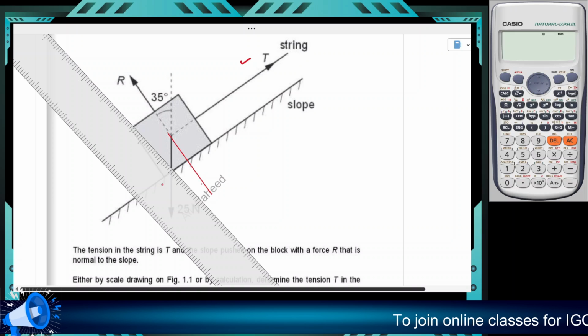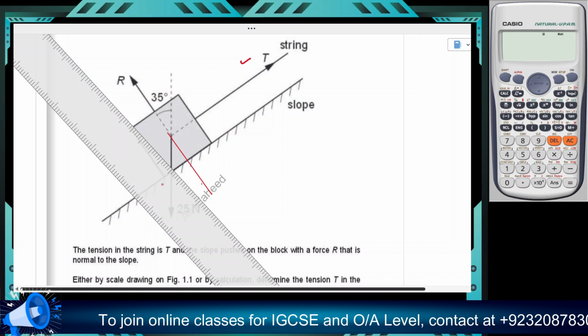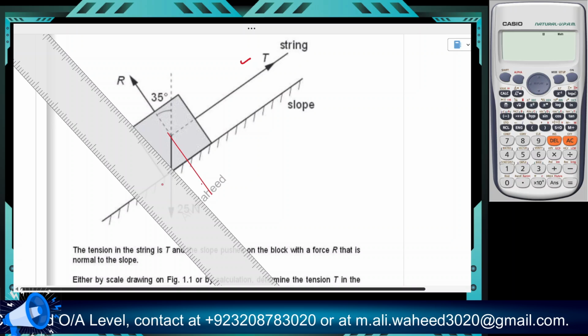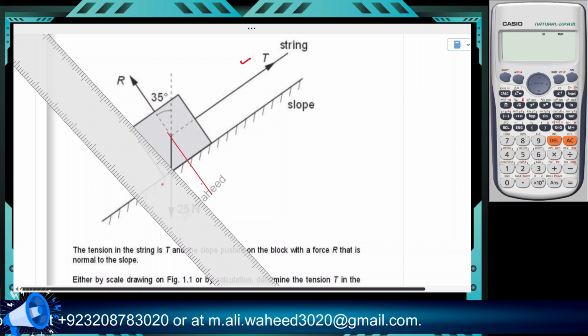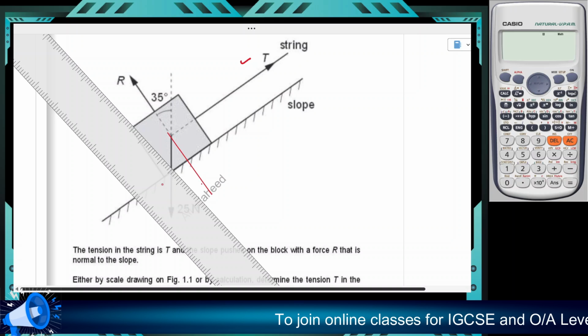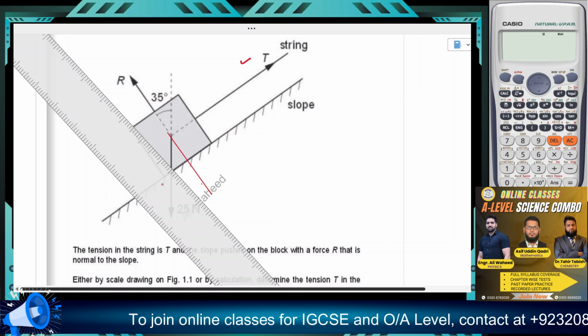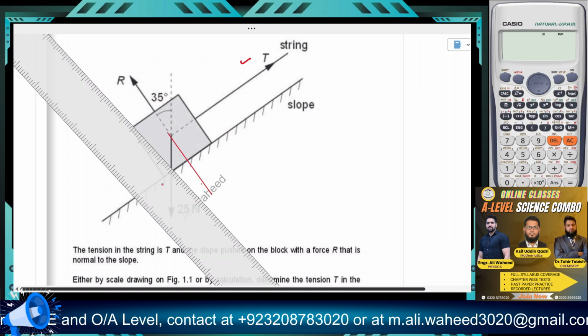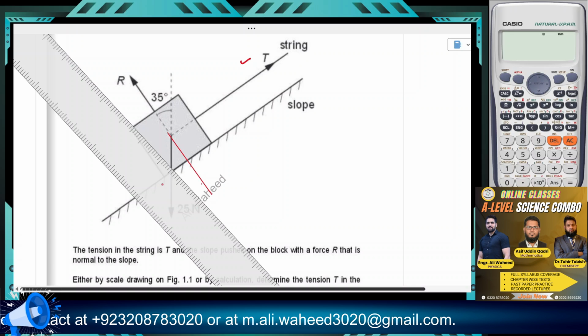So could you tell me how much this angle would be? And what do we call this one angle? 35 degrees. What do we call this one and this one? What do we call a pair of these angles? Yes, vertically opposite angles. Exactly. Now, think about it this way.